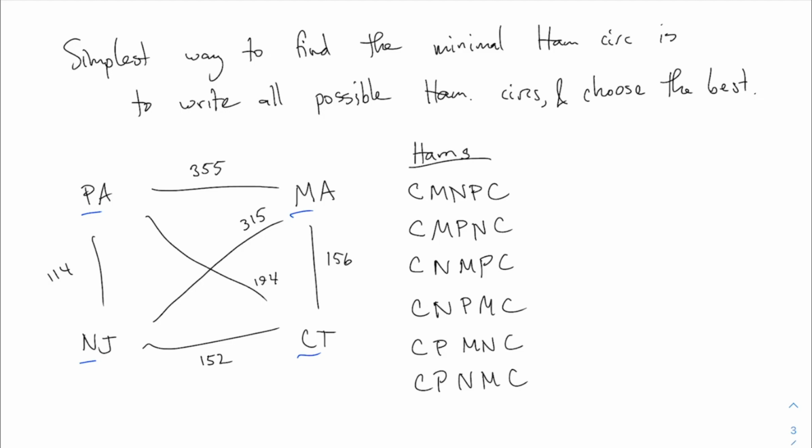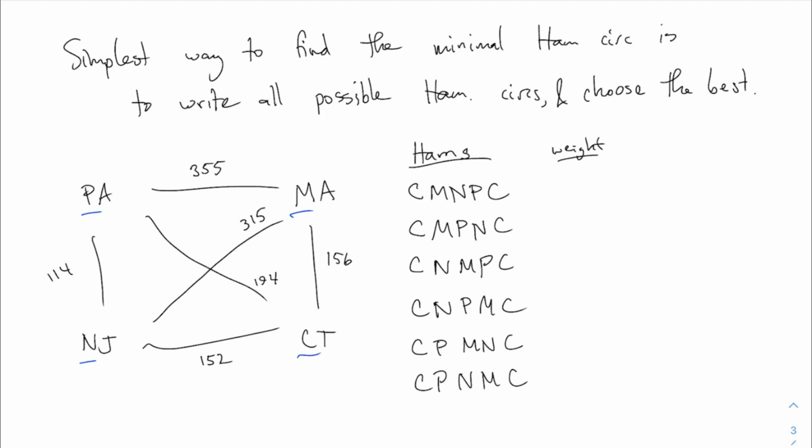All right, and now which of those has the minimal weight? Well, to figure that out, you just have to add up the numbers in there. These numbers are a little annoying, so I did them on my calculator ahead of time. What would you get if I add the weight up for this? You have to look carefully at each little step here. First, I went C to M, which on my picture is 156.